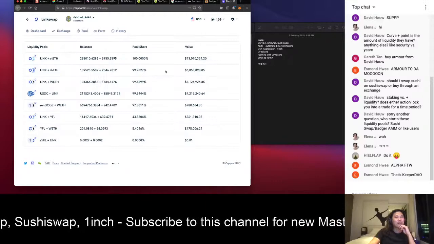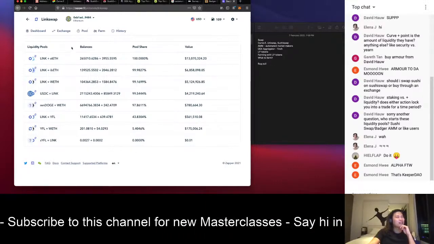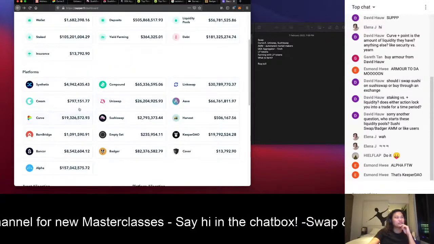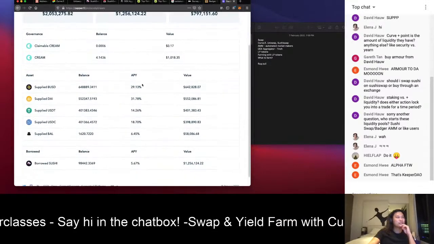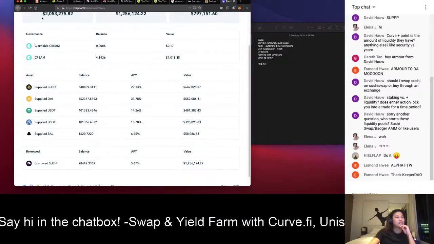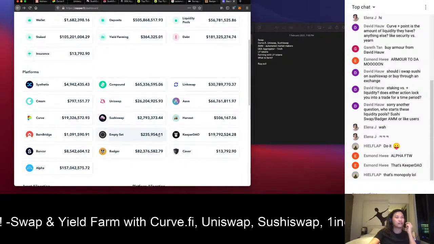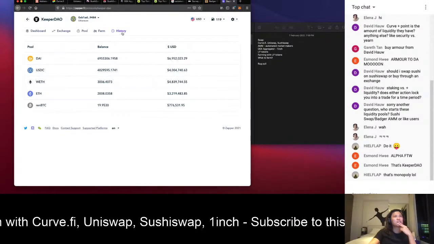Wow. So Linkswap, huh? We need to go find out about Linkswap. Cream. Cream is the lending protocol that we went through yesterday, the last time. Keep3r DAO. I don't understand that as well.